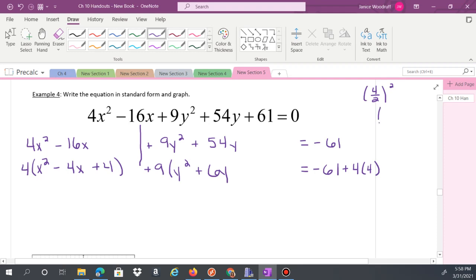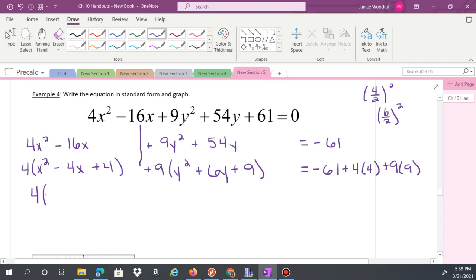And then same thing here. So 6 divided by 2 is 3, squared is 9. So that's plus 9. So plus 9 times 9. Because you've got this times 9 right here. So then we want to factor this. So you've got 4, and then what is that?